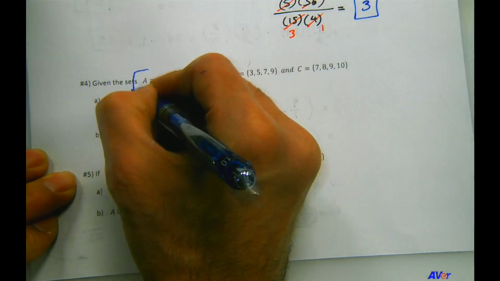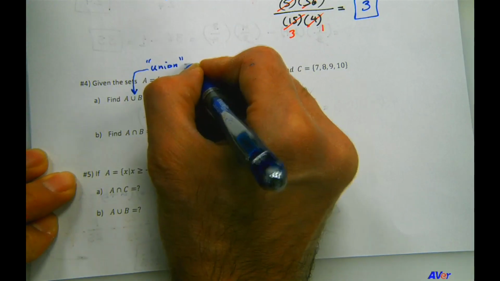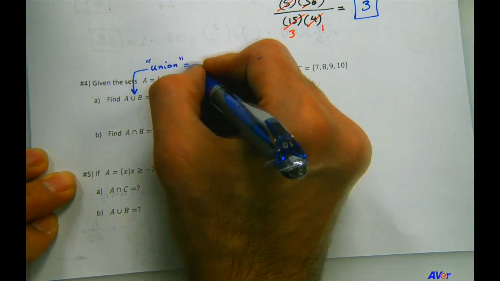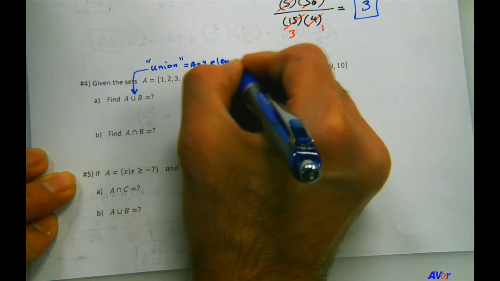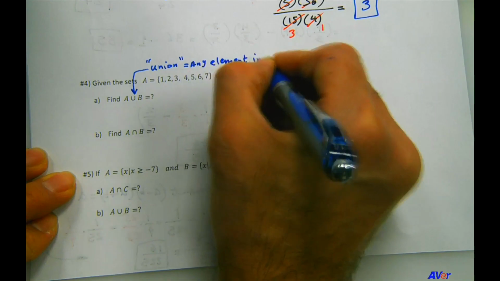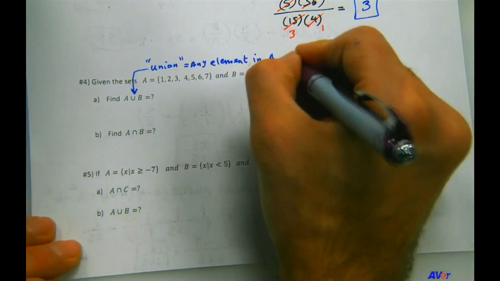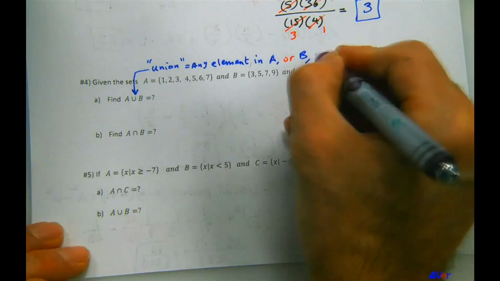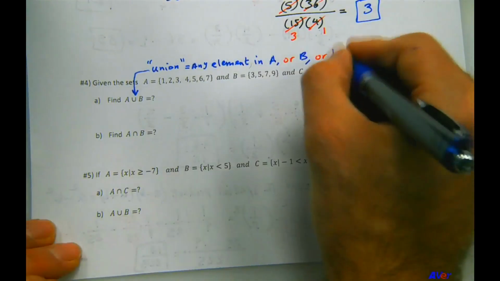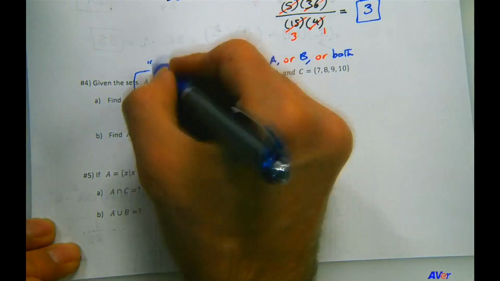So that symbol is called the union, and it refers to any number that's either in A, so any element or number in A, or B, or both. That's what this union symbol means.